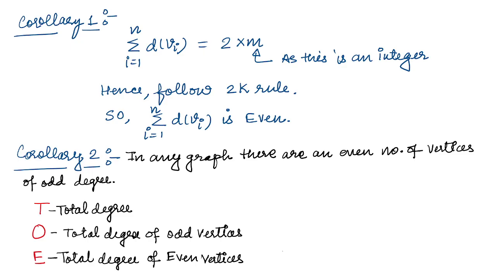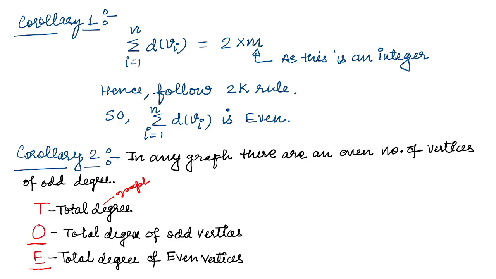So T is the total degree of the graph. Now O is the total degree of vertices which are odd in number, and E is the total degree of vertices which are even in number.